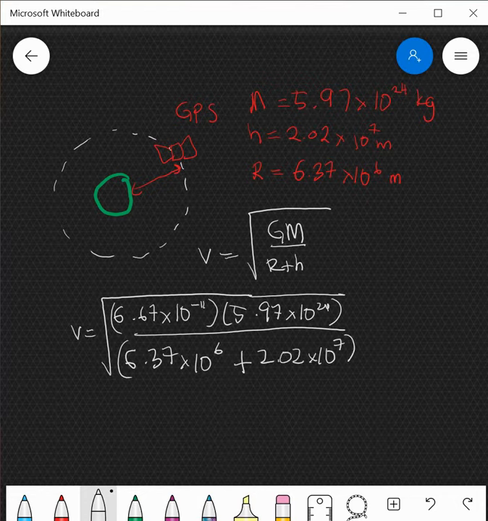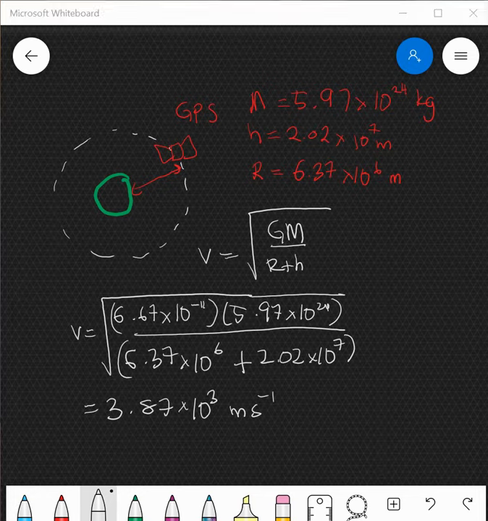Be very careful when you put all the numbers in your calculator. Then you will get the speed of the satellite is 3.87 times 10 to the power of 3 meter per second. That is the linear speed of the satellite.